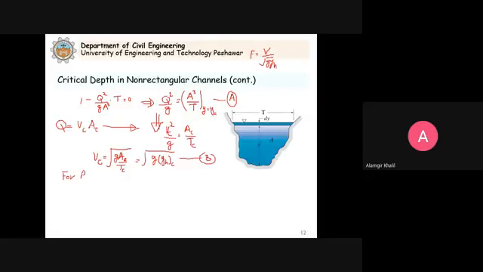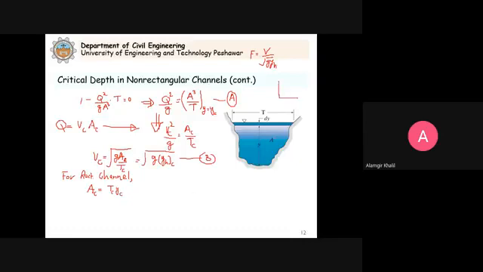Now for a rectangular channel, if you simplify the above equation, equation B, you will get the same result. In that case, Ac, the critical flow area, will be equal to the top width Tc into the depth Yc. Why?